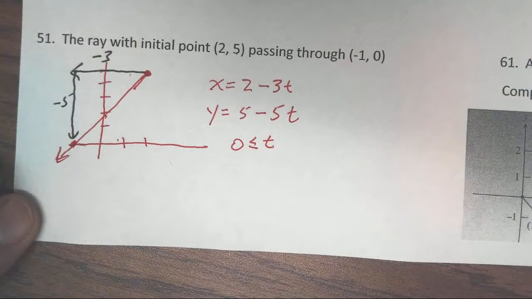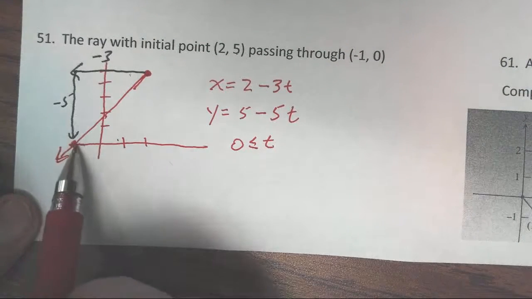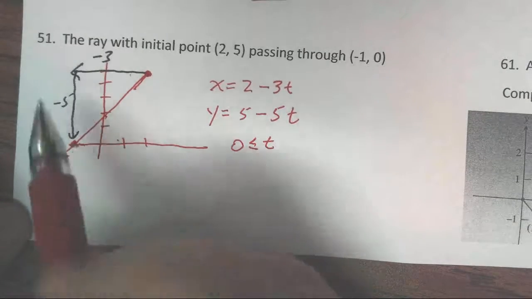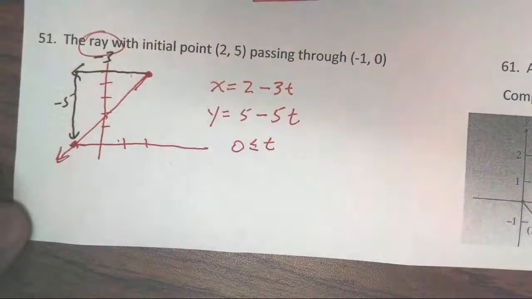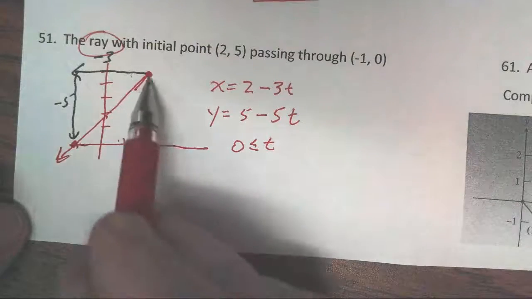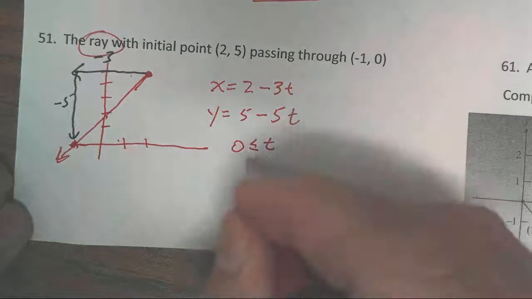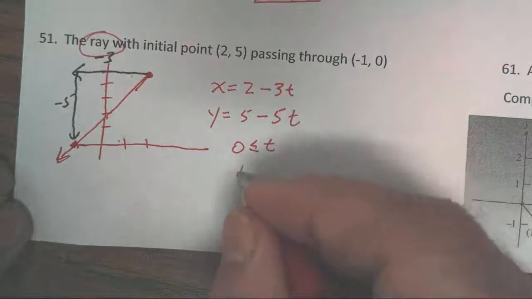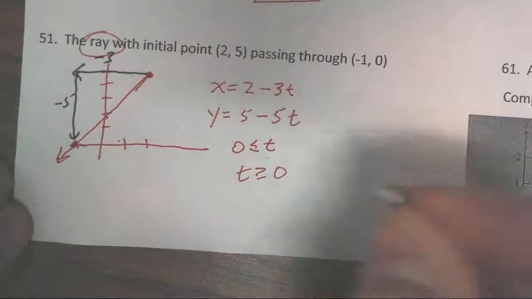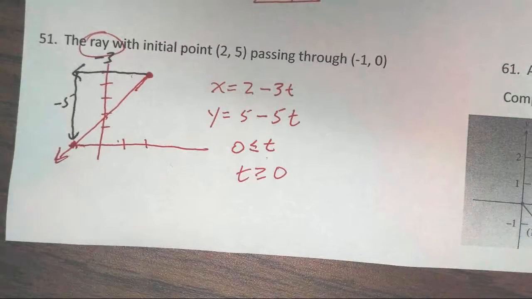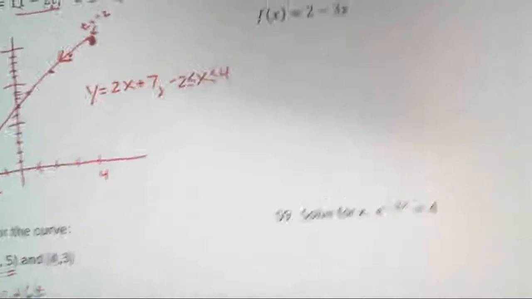How far are we letting t go? Not just to here. Don't forget, that's a ray. We're going to take more and more and more steps. So either 0 is less than or equal to t, or t is greater than or equal to 0. Okay, a little different. Hopefully you follow that. You might want to look at that again.